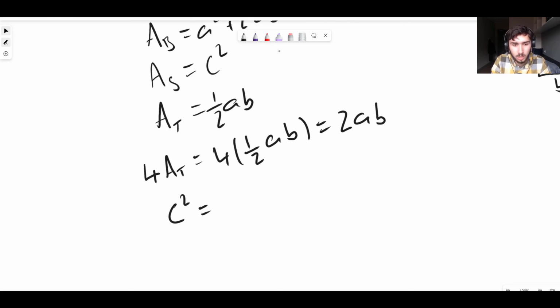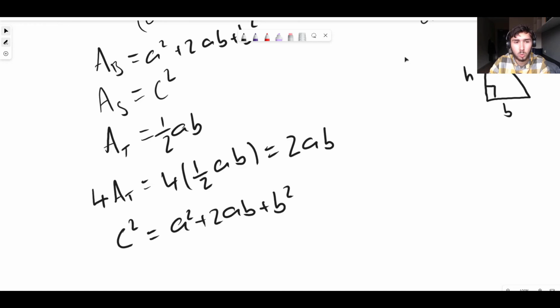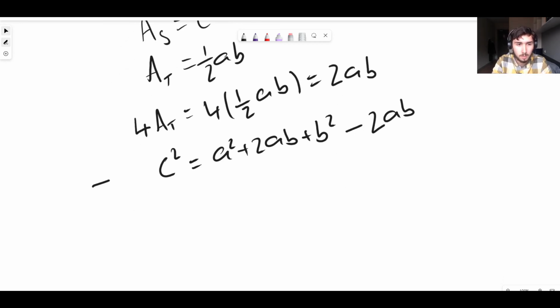We already worked that one out. So a squared plus 2ab plus b squared, but not the area of the 4 triangles. The area of the 4 triangles all added together, we've worked it out. It's here. It's 2 times a times b. So we're going to take that away because we don't want the area of the triangles that go around. So hopefully this line here makes sense to everyone. We're all on the same page.